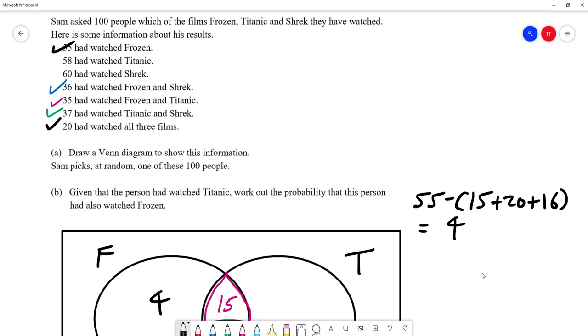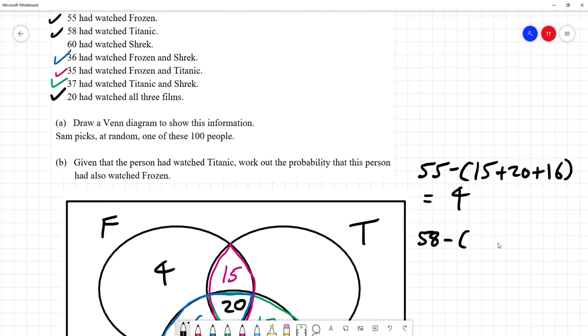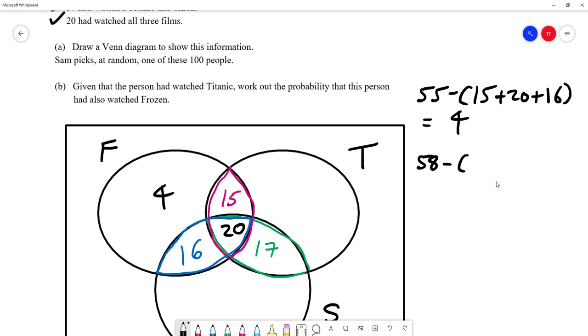So Titanic had 58. So we do 58 minus all of the small intersections that we have. That's 15 plus 20 plus 17, and that's going to give me 6. So 6 goes here. And again, if we add them all together, we'll get 58.